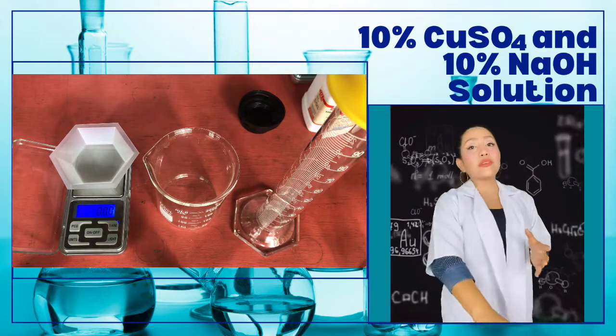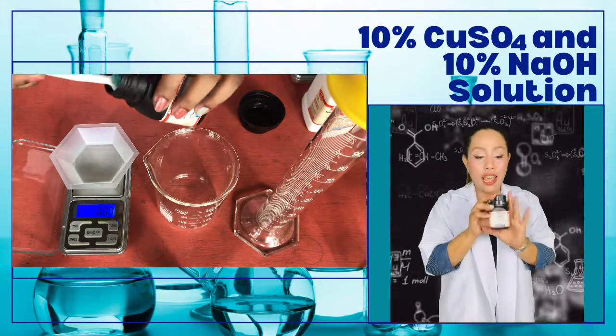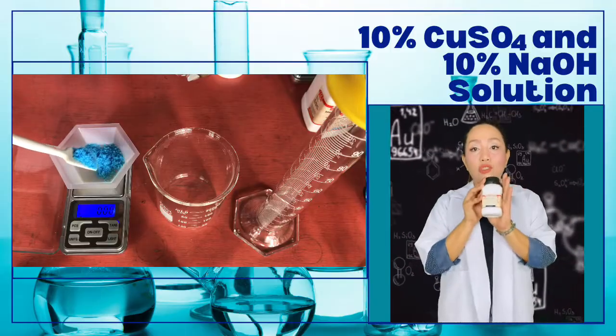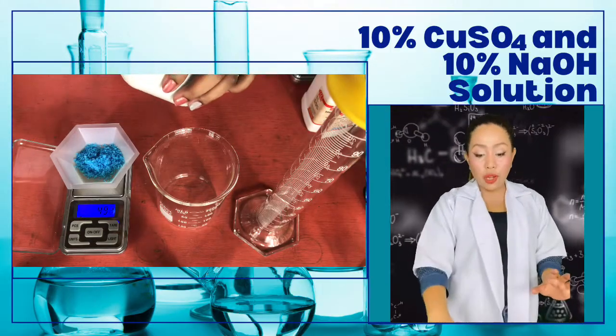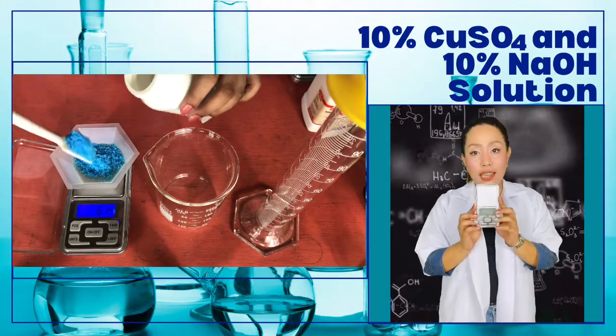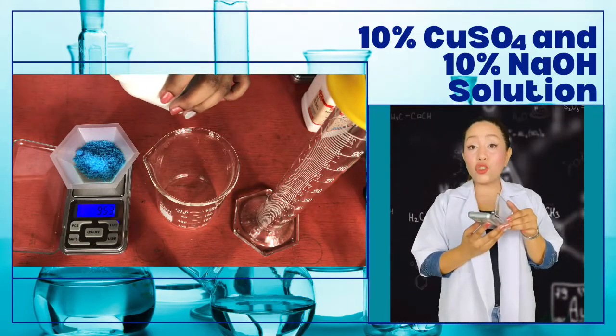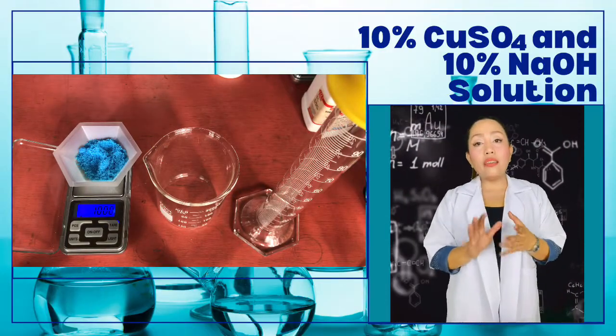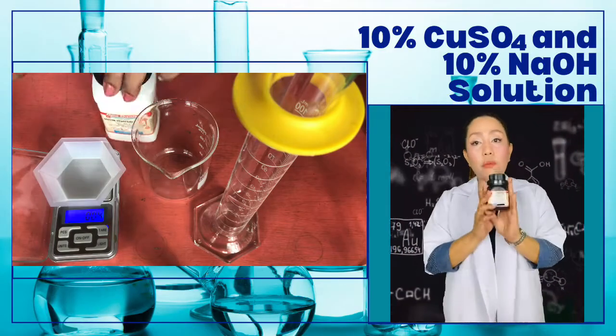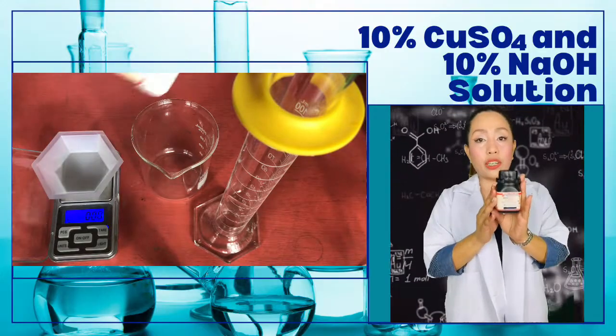To create the 10% copper sulfate solution and the 10% sodium hydroxide solution, we will be doing the same procedure. First, we will be using a pocket scale to measure 10 grams of each. In making these solutions, of course, we will be scooping our chemicals from our containers.